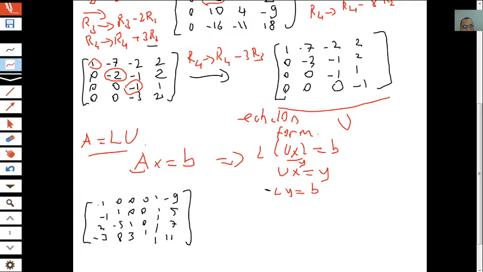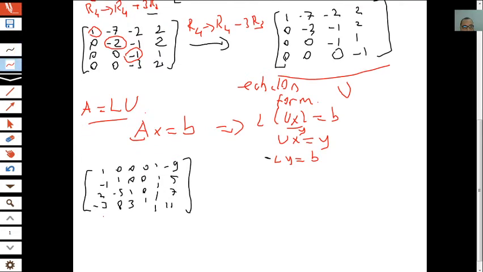So using the first row, we have 4 components for y, y1, y2, y3, and y4. Okay. So from here we can find directly the variable y1 because we have just a single non-zero number in the first row.